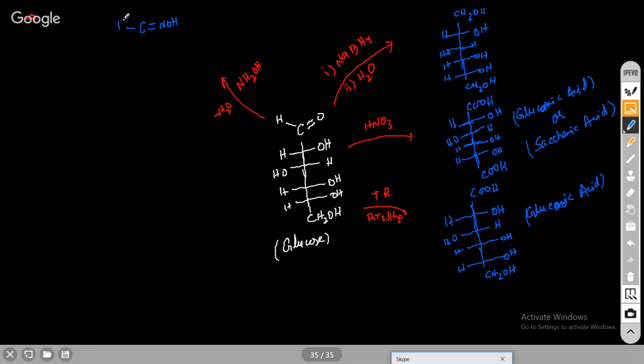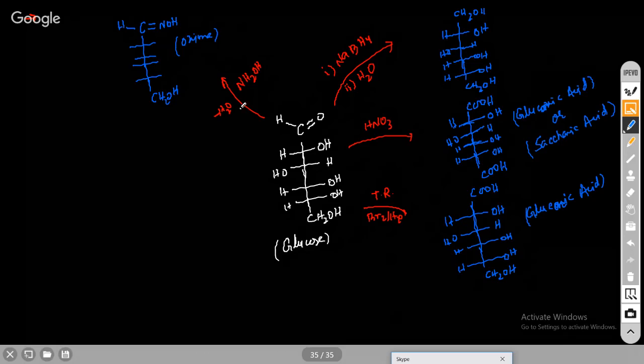This hydrogen will be as it is, and all other structure will be same, CH2OH here. This we call oxime formation. This H2 and this oxygen go out as H2O and NOH joins over here. Oxime formation.